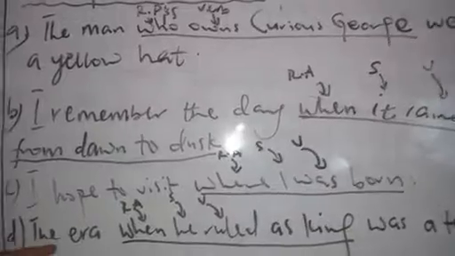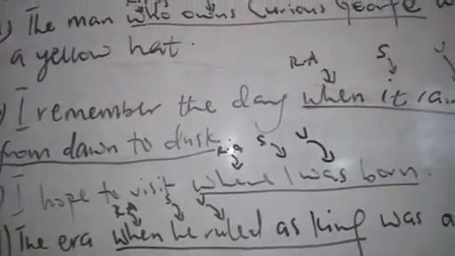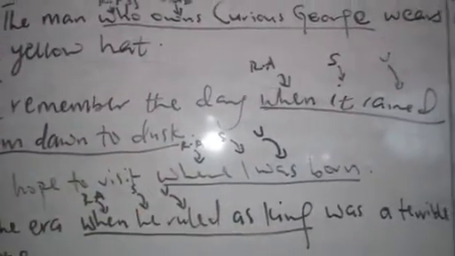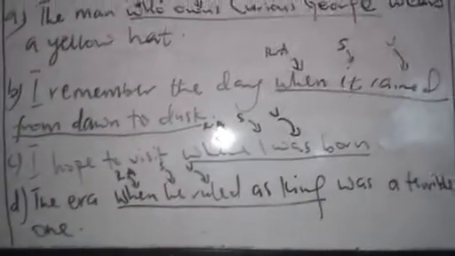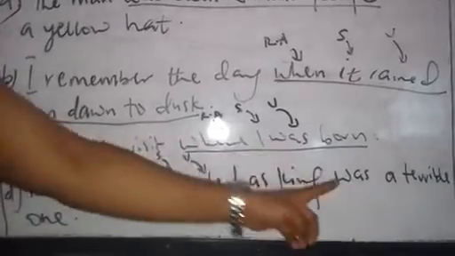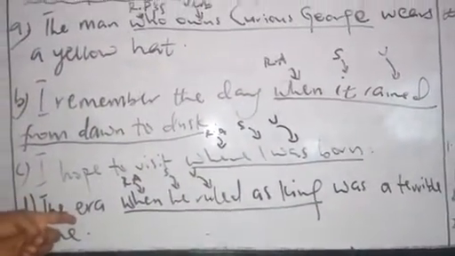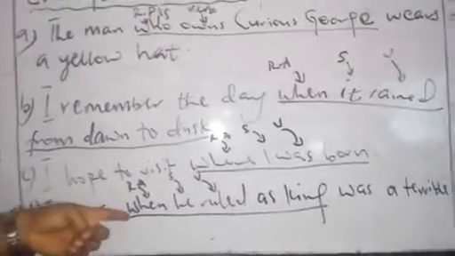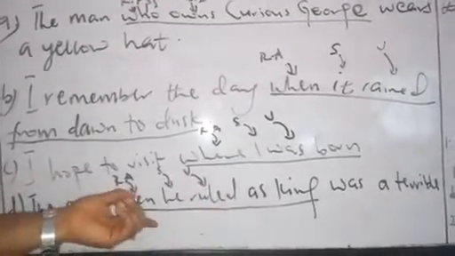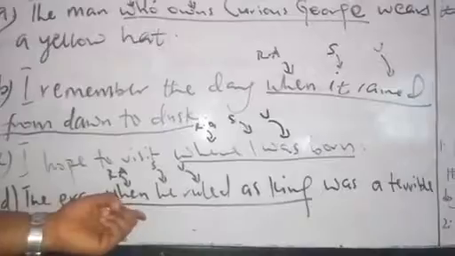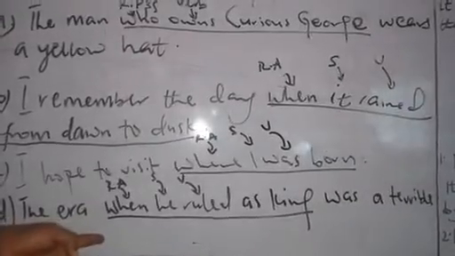Now D, the era when he ruled as king was a terrible one. Era, now, okay? When he ruled as king. So this is a relative clause. Alright?